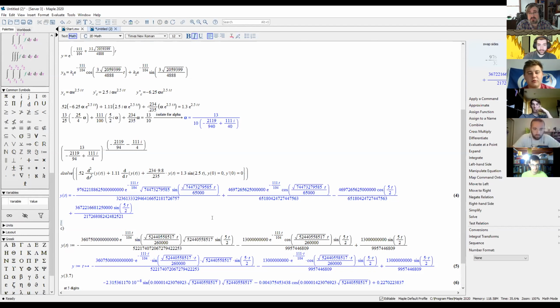We expect in the long run, those first 2 terms are going to taper off to nothing, because as t gets bigger and bigger, those head towards 0. But the last 2 terms don't head towards 0. They just wobble. So how could we verify that that is actually what happens?